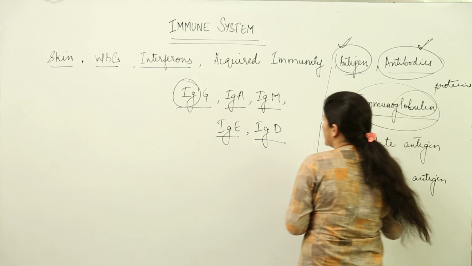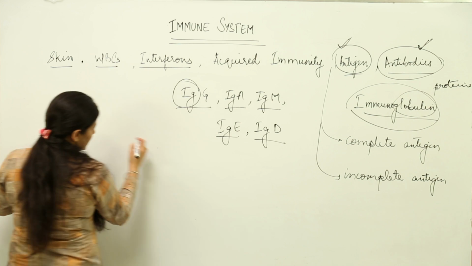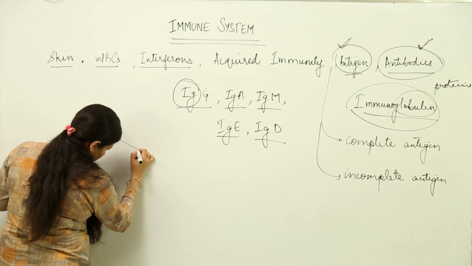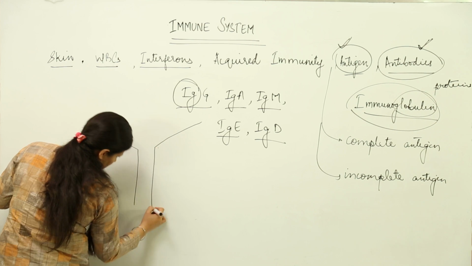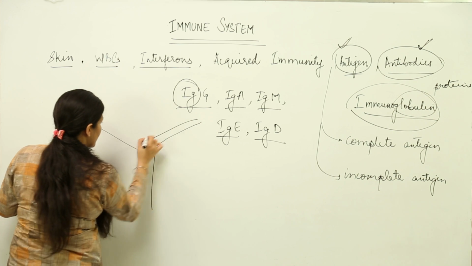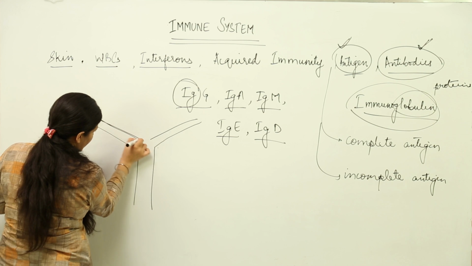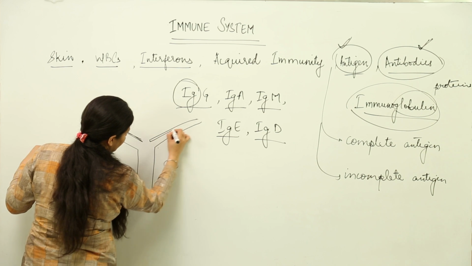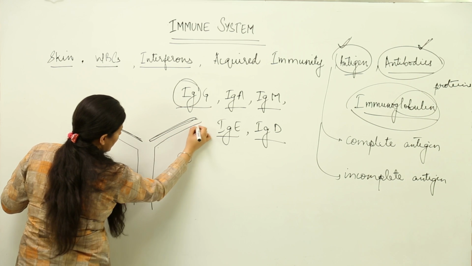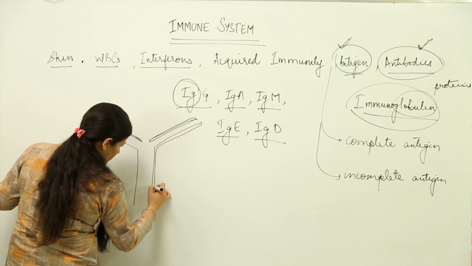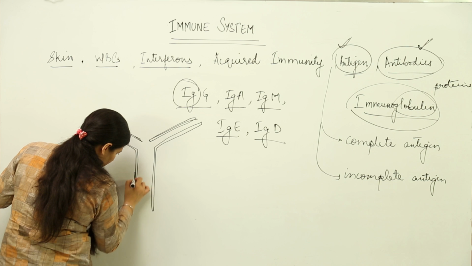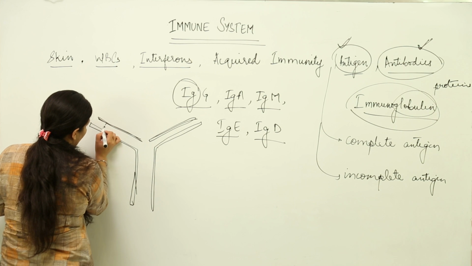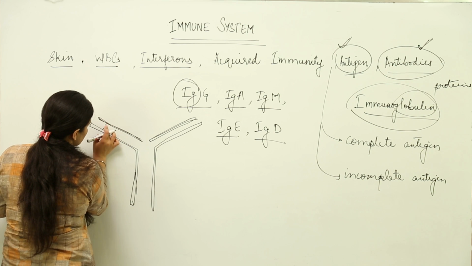While we are talking about that they are proteins, we are going to see their structure as well. You must have studied about the structure of an immunoglobulin. It is something like this. There are two light chains and two heavy chains which are joined to each other by disulfide bridges.